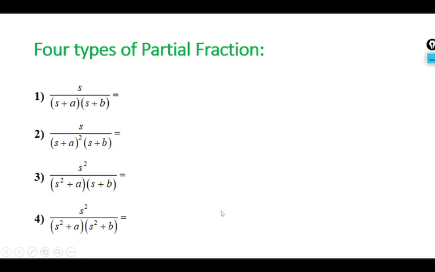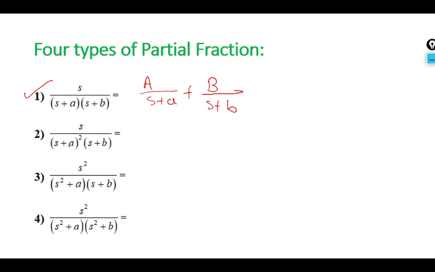So here we have these 4 different types. You'll observe case 1, where there are linear factors in the denominator, and you know how to write the partial fraction for this: A upon s plus a plus B upon s plus b.